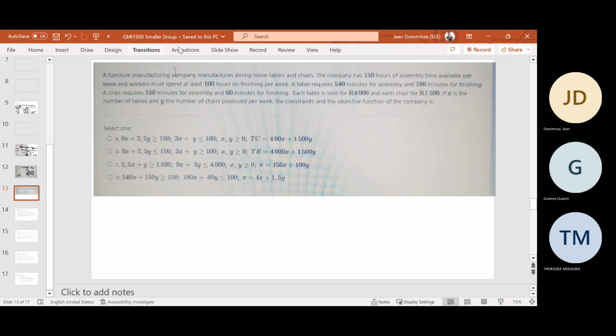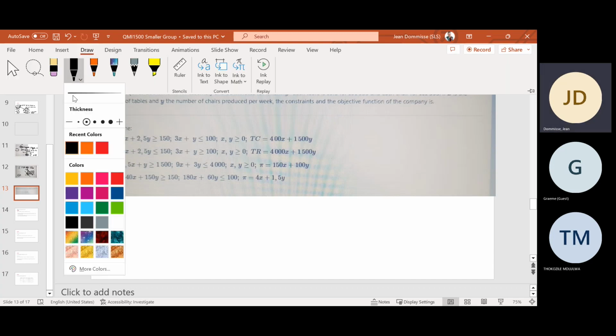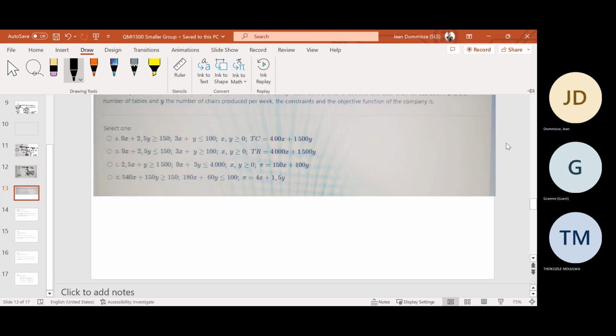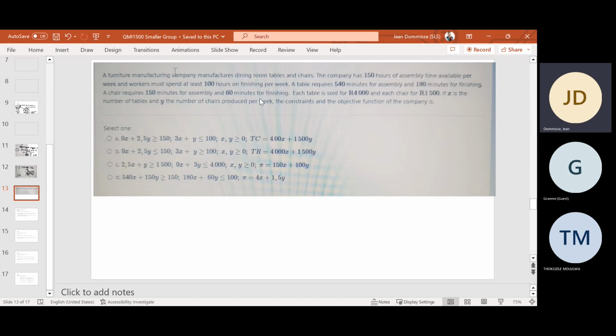So they're asking you in a word sum format: in words they give you something, and then they ask you to translate that into a set of inequalities. So let's see if we can work out something from here.